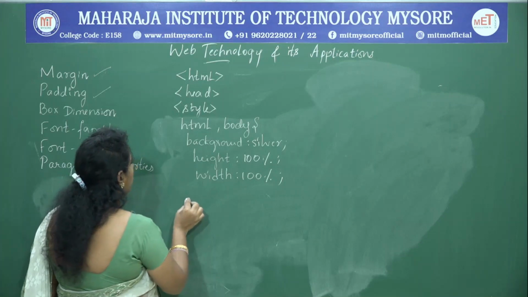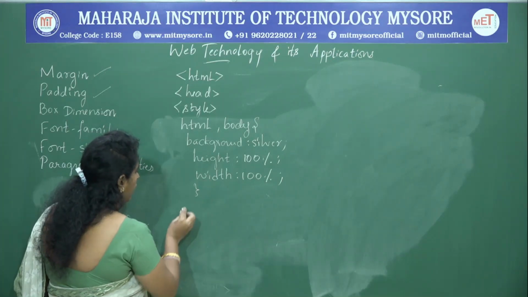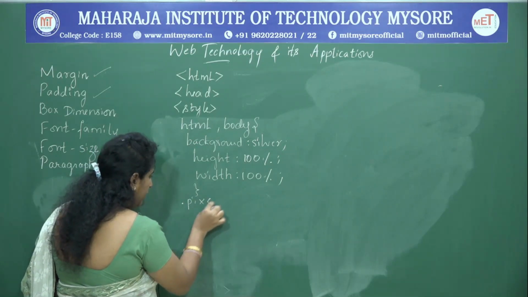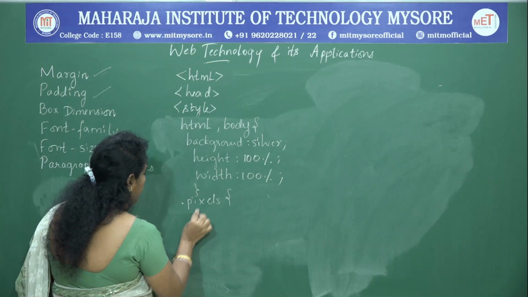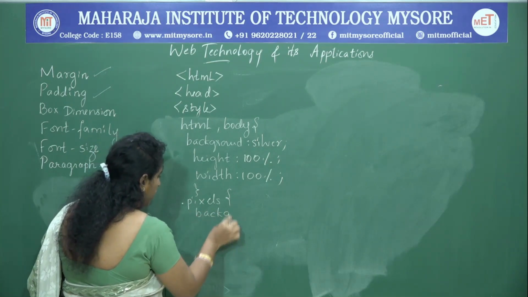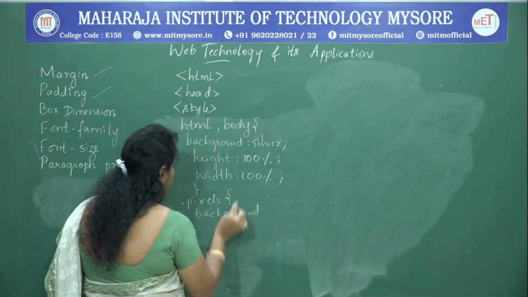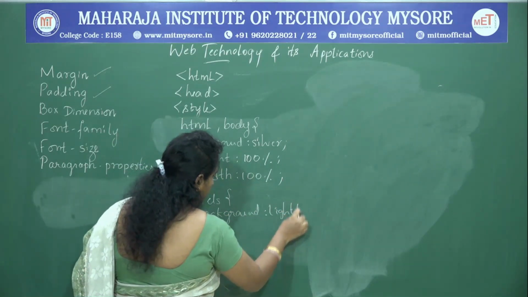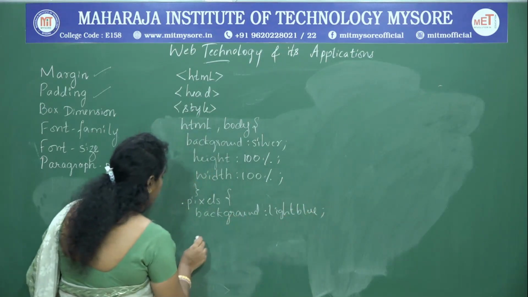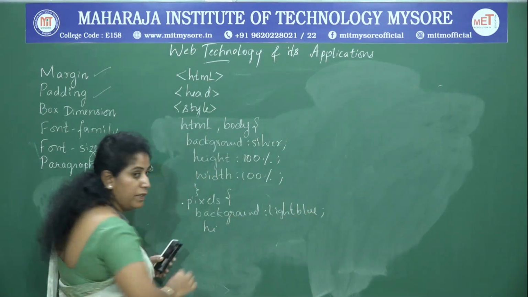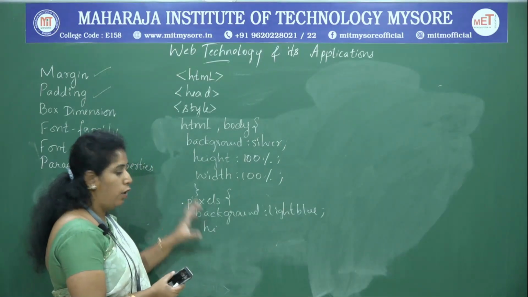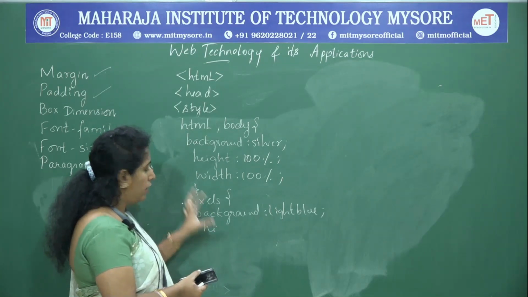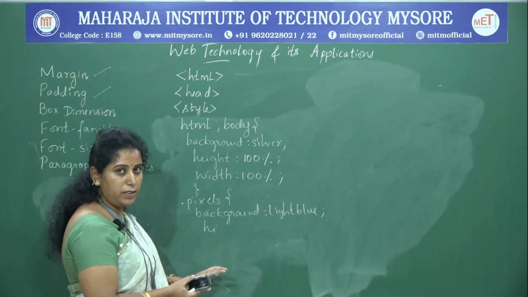Okay, so now close this property, and next I am taking a class called pixels. For that I am giving background color as light blue and I'm going to introduce how the contents or the text will be displayed by using pixels as well as percentage.